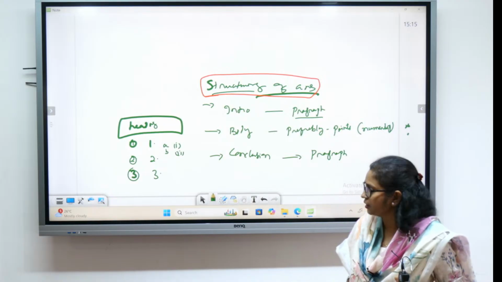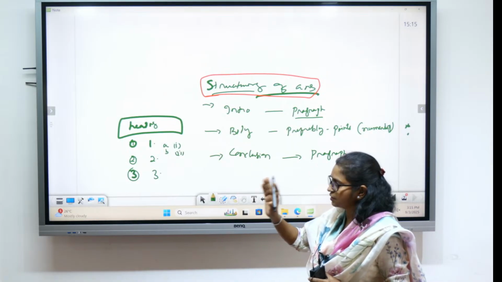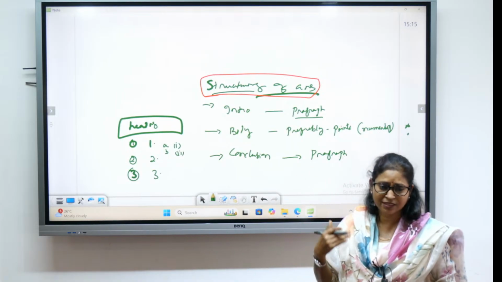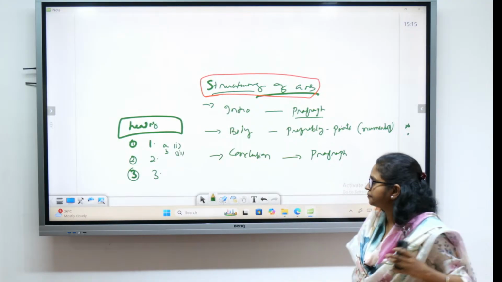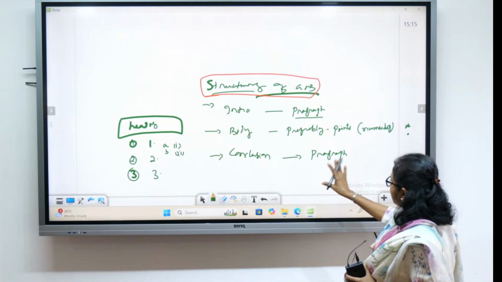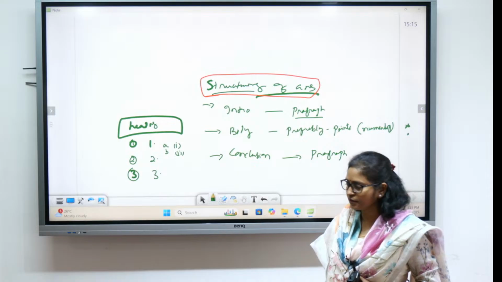That can also be done. But wherever we can write under points, it is always better to write in points, because it is easy for the examiner to evaluate your answer, right? And conclusion should always be in a paragraph format. Got it?